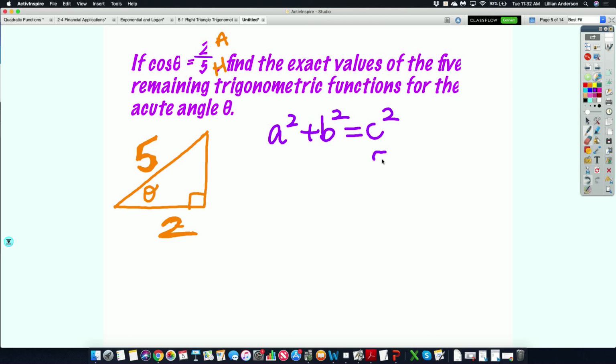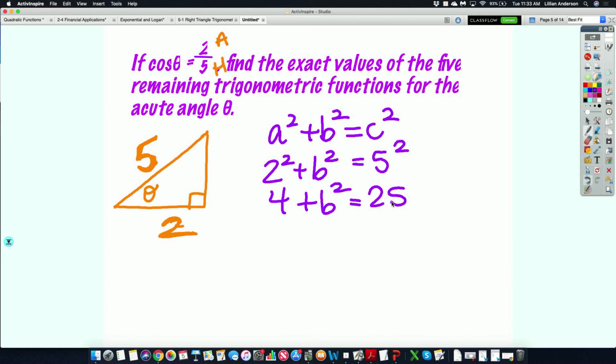We know the hypotenuse is 5 here, so we'll plug that in. That's 5 squared. 2 can either go in for A or B, doesn't matter. What's 2 squared? 4. So I have 4 plus b squared equals 5 squared. What's 5 squared? 25.